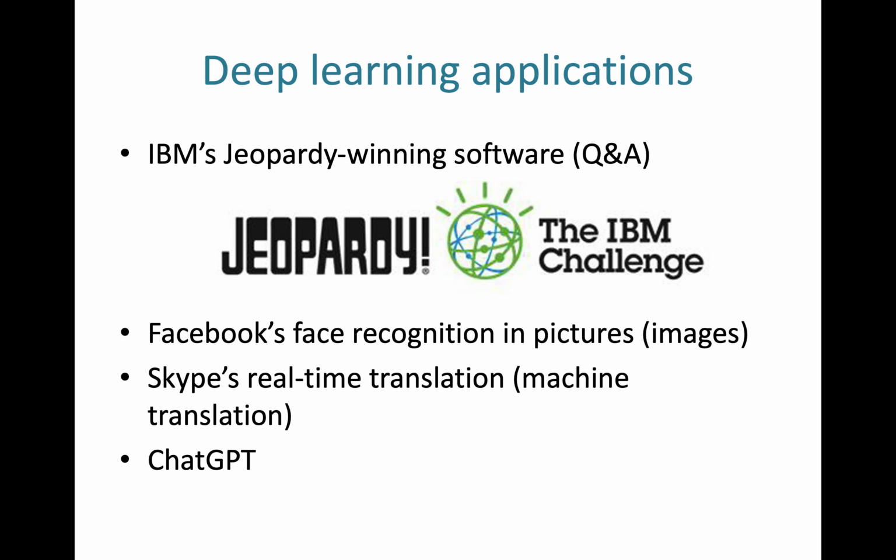And talking about applications, I've already mentioned ChatGPT, but there's, for example, IBM's Jeopardy system, which won the IBM Challenge. This is a question answering system, and it's based on deep learning. Facebook's face recognition also uses deep learning. Skype's real-time translation also uses deep learning for machine translation.